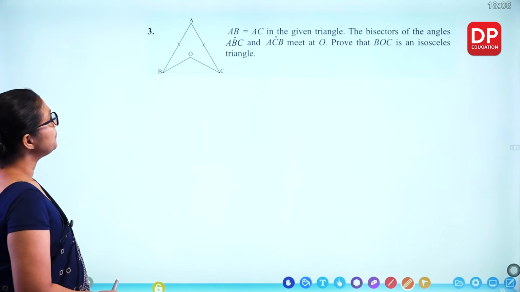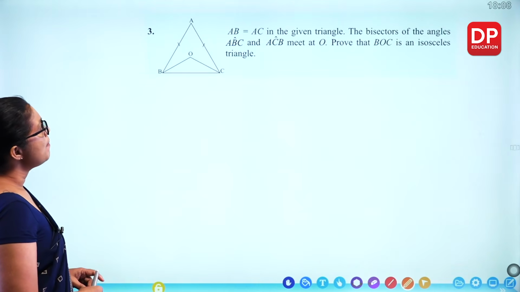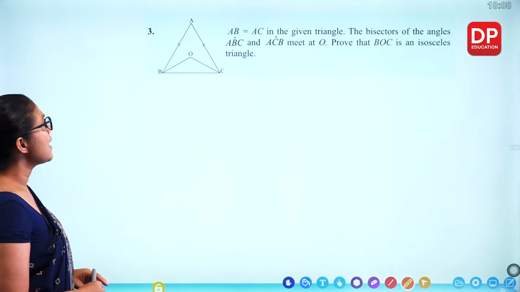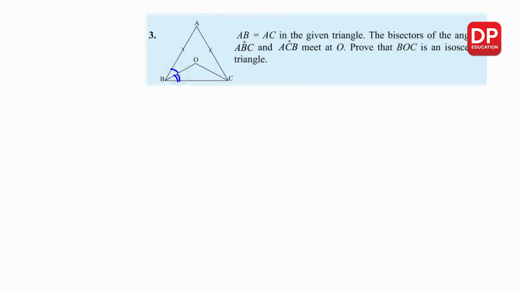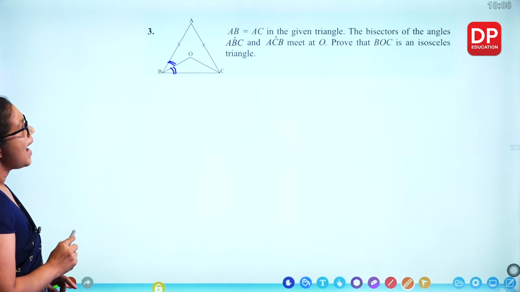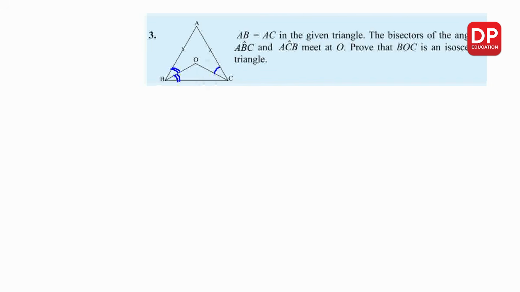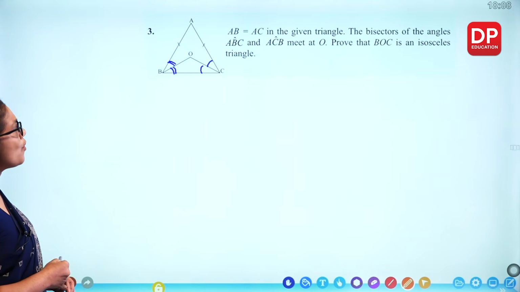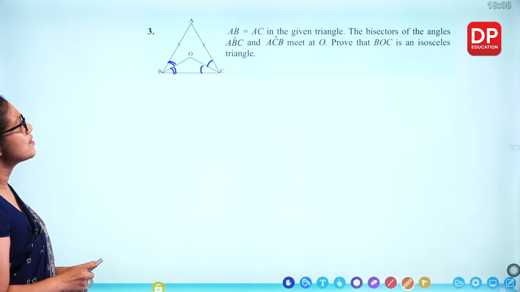Here you are given a triangle ABC and AB and AC are both equal. The bisectors of the angles ABC, that means this angle is equal to this one, and ACB, that means this angle is equal to this one. Prove that BOC in this triangle is an isosceles triangle.